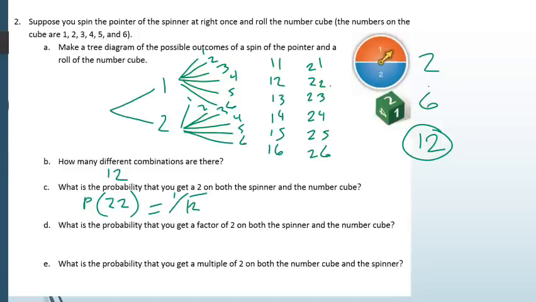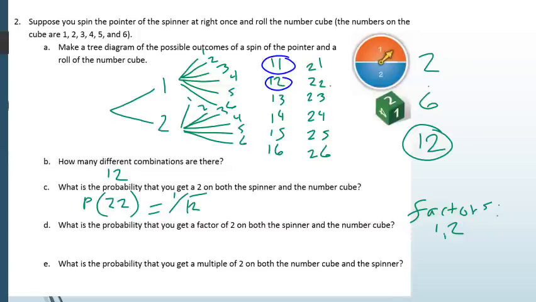What's the probability that you get a factor of 2 on both the spinner and the number cube? Well, again, factors are the numbers that I can multiply to make a number. So factors of 2, for example, are going to be 1 and 2, right? Because 1 and 2 is a way to make 2. So looking at this, I have 1,1 here, which would be factors of 1 and 2. 1,2.